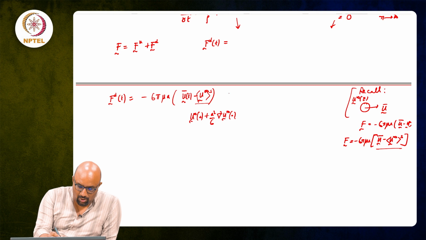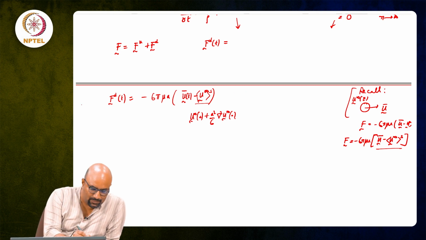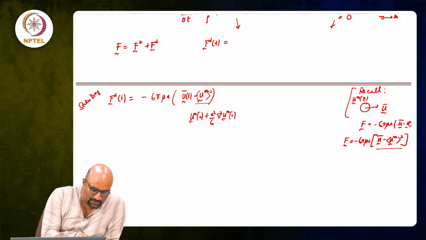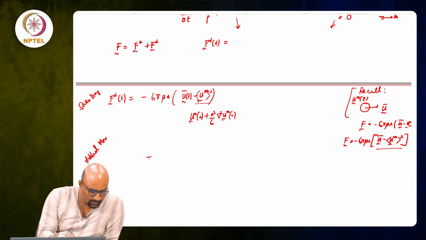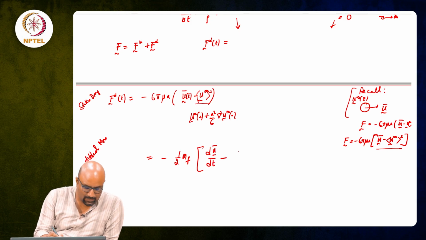So, similarly, if you go back to the root, so that is your Stokes drag, and then your added mass term, that would be minus half added mass, du bar dt minus du infinity dt, volume average.